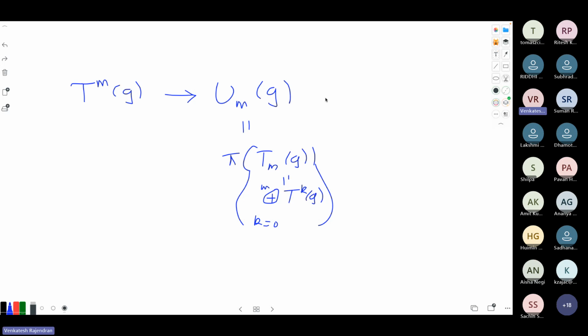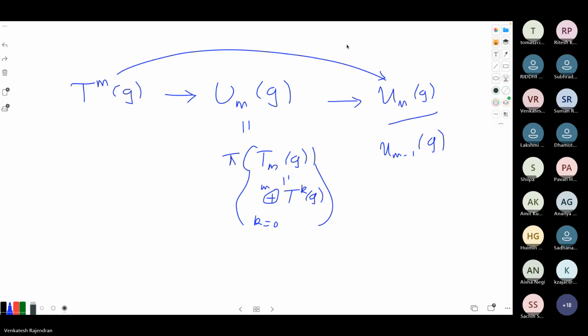Then from here you have UmG modulo Um minus 1 G. So this is the natural map, and this composition is indeed surjective.